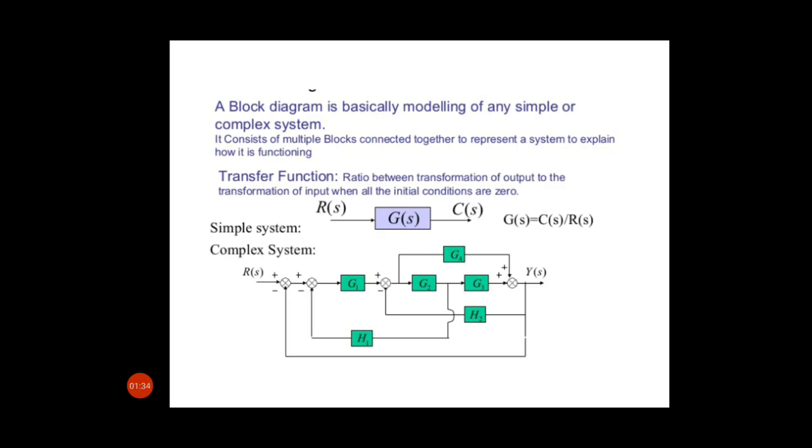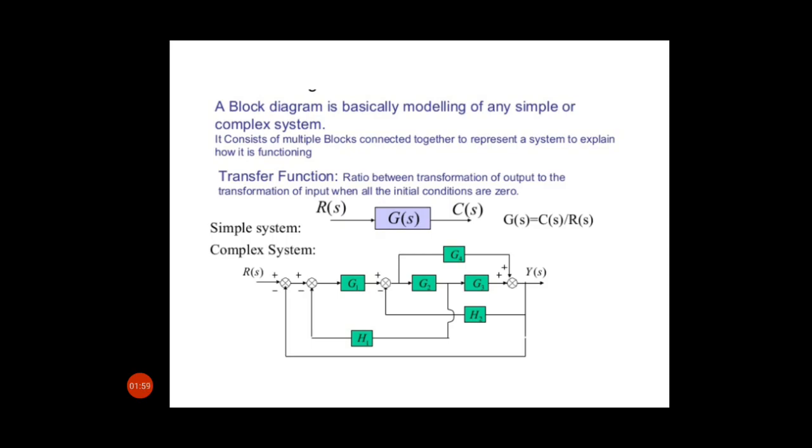So a block diagram is basically modeling of any simple or complex system. It consists of multiple blocks connected together to represent a system to explain how it is functioning. We know the transfer function. What is transfer function?